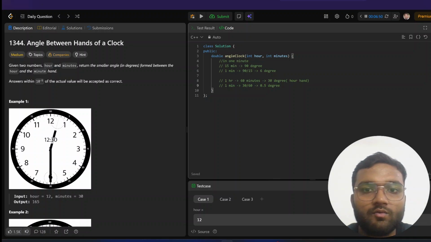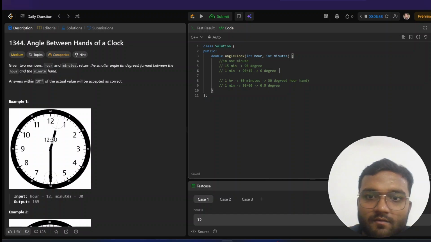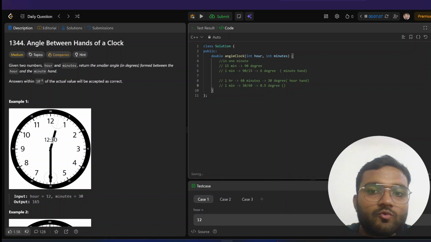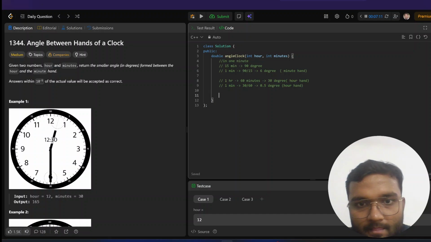So now I know that in 1 minute the minute hand moves 6 degrees, and the hour hand moves 0.5 degrees.